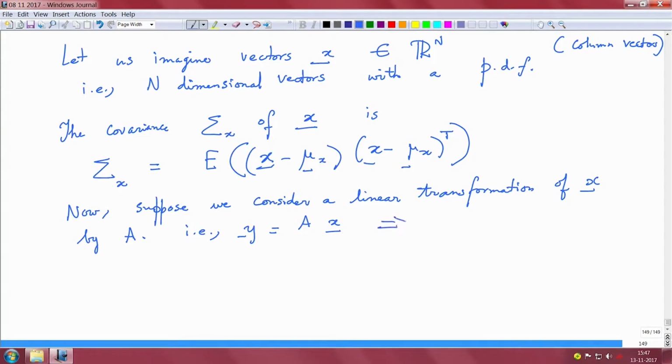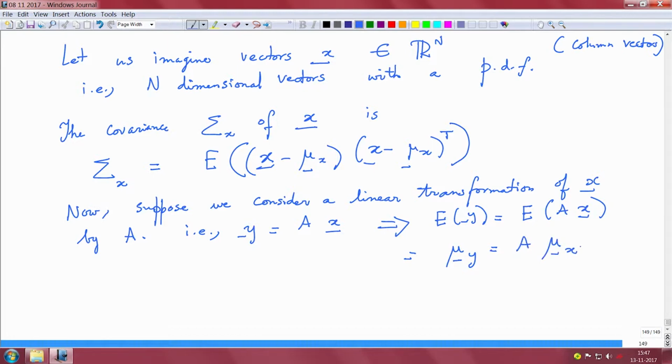So, this implies if you take the expectation of y, this is the expectation of A times x, which is mu y, we will designate it as mu y, which is A times mu x, right.